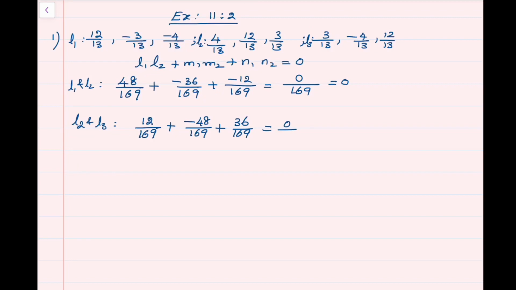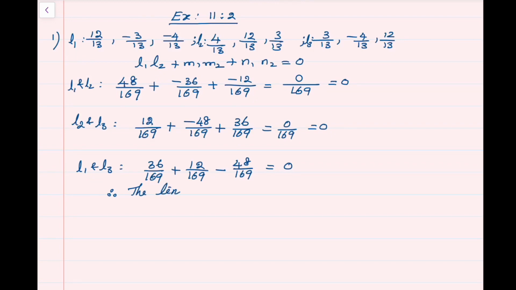Here also the total is 0. Now let us calculate for L1 and L3. 12 times 3, 36 divided by 169, plus 12 by 169, and minus 48 divided by 169. 0 divided by 169, the answer is 0. Therefore, the lines are mutually perpendicular.